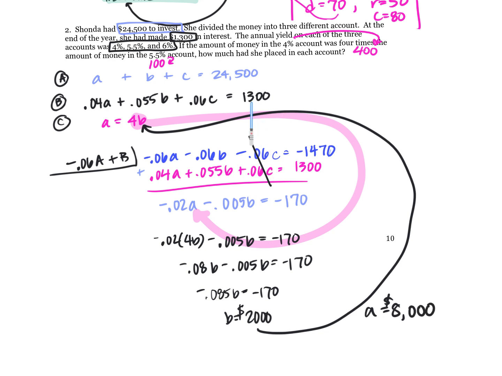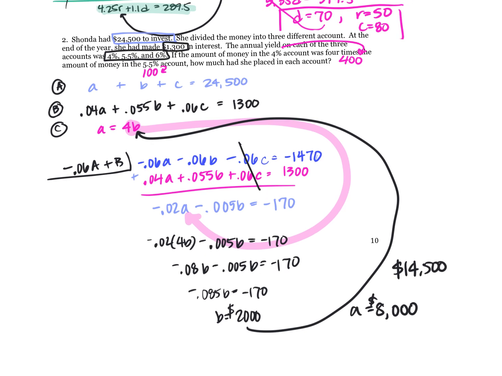But I invested $24,500 total. So I'm going to add up my $8,000 and my $2,000 for $10,000 and take that away from my 24,500. And I invested 14,500 in my C account. Whew.